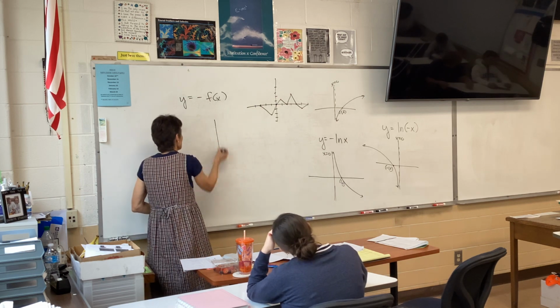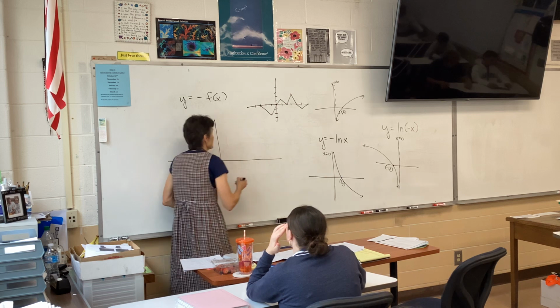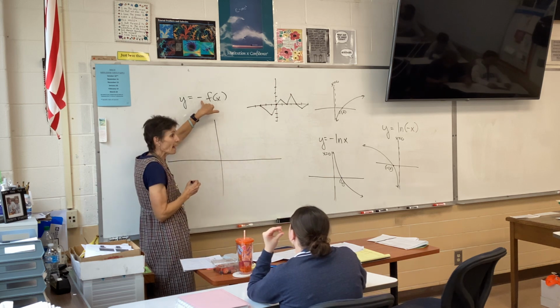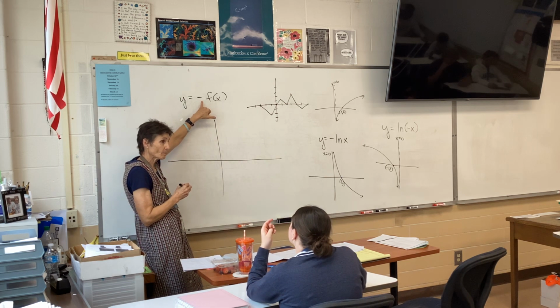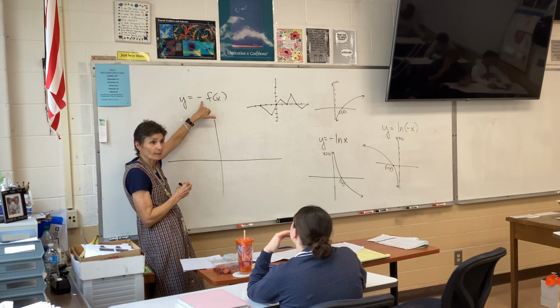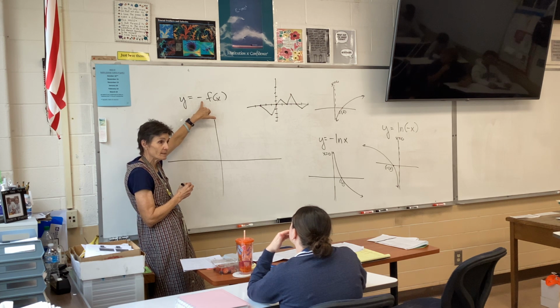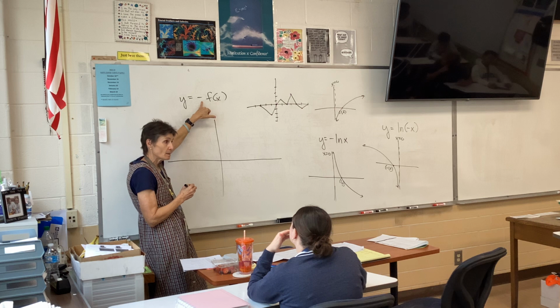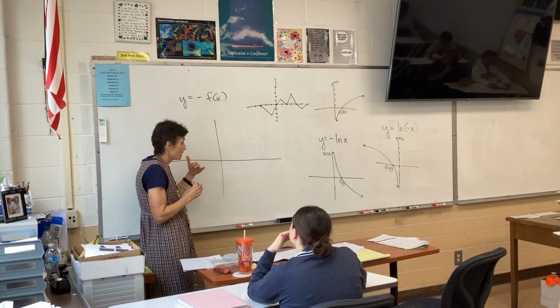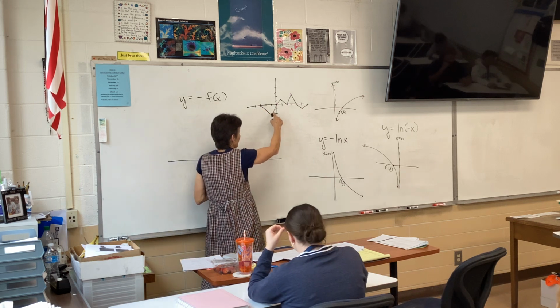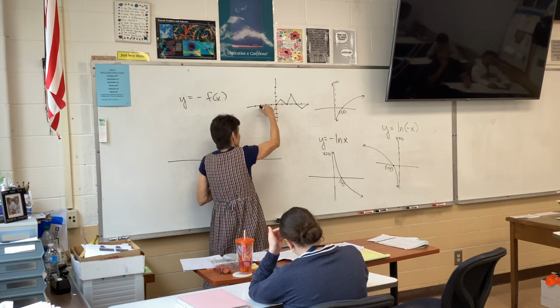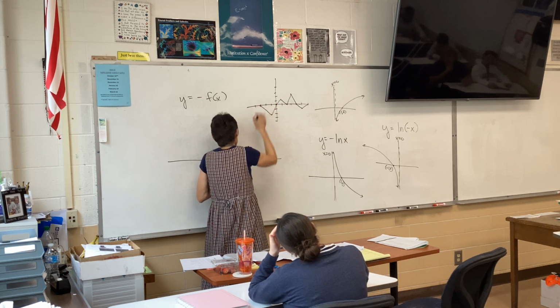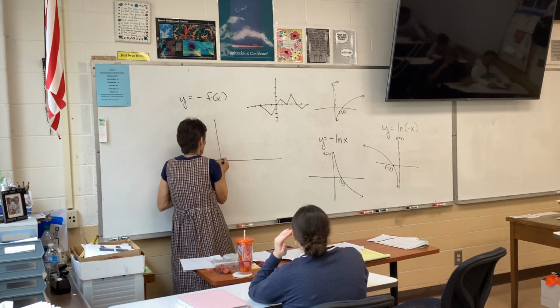What you need to do is to remember what happens when the negative is out in front. When the negative's out in front, it goes upside down. So see this little triangle right here? Instead of being underneath, it's now going to be up above.